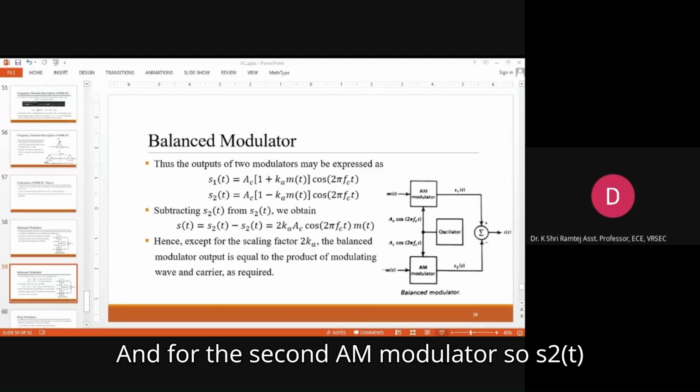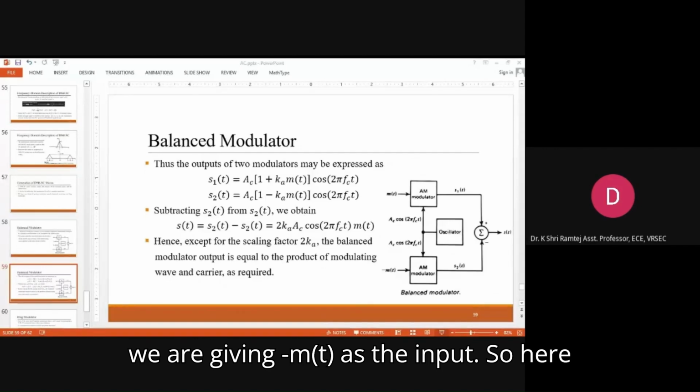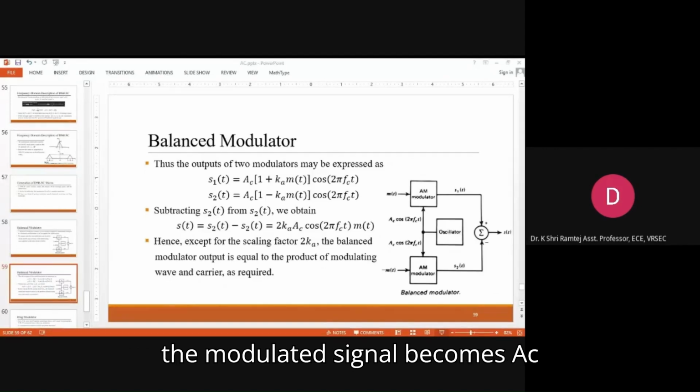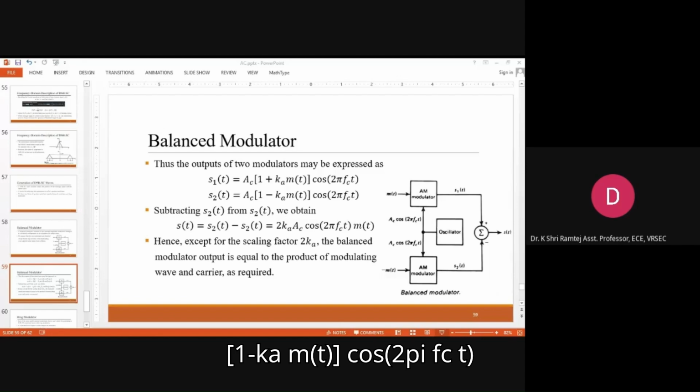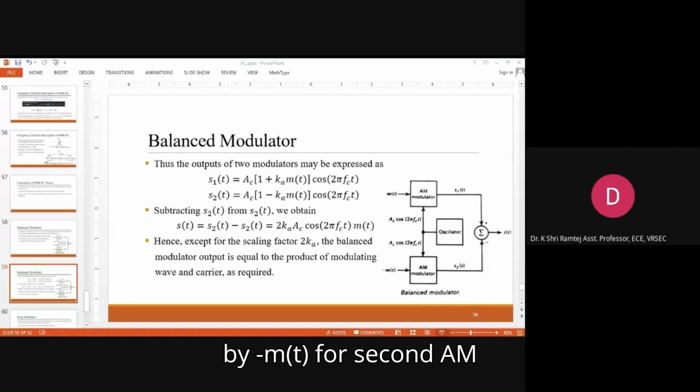For the second AM modulator, S2 of t will be Ac into 1 minus Ka m of t, since we are giving minus m of t as the input, so the modulated signal becomes Ac into 1 minus Ka m of t into cos 2 pi fc t. We are simply replacing m of t by minus m of t for the second AM modulator.